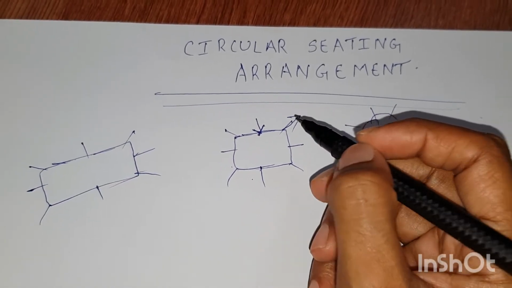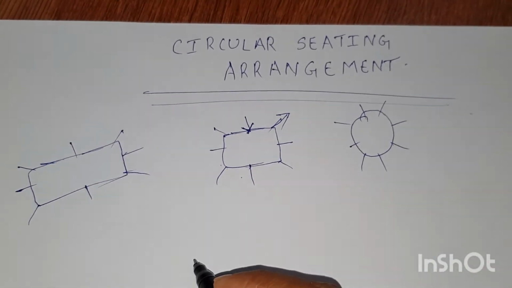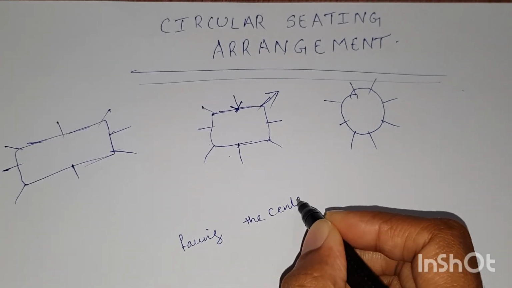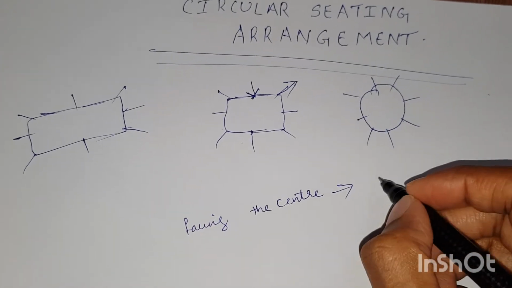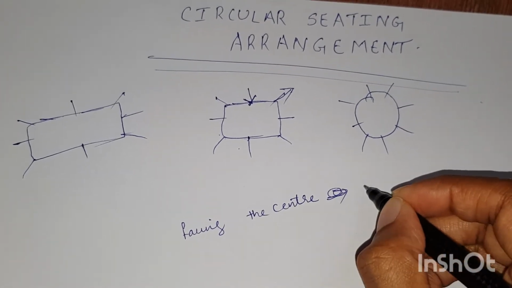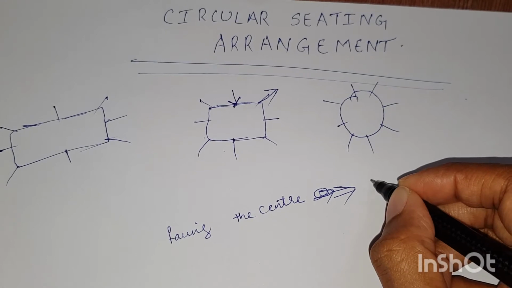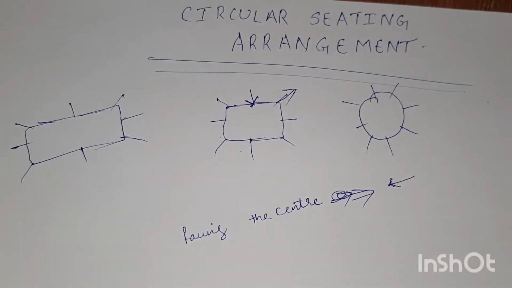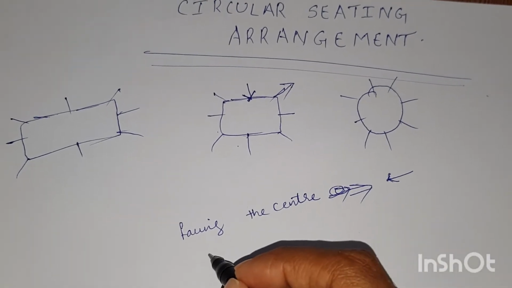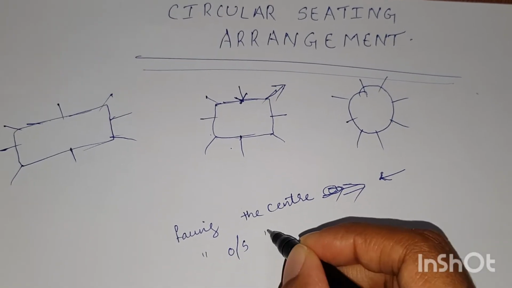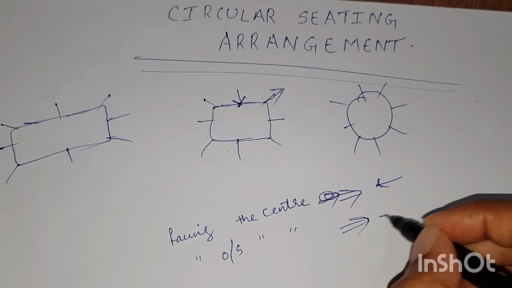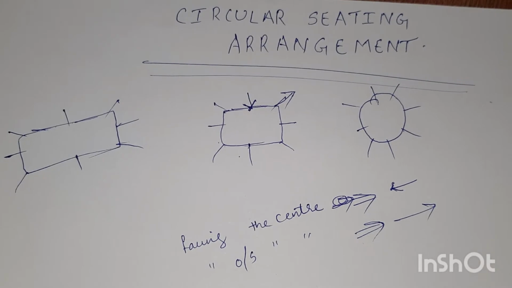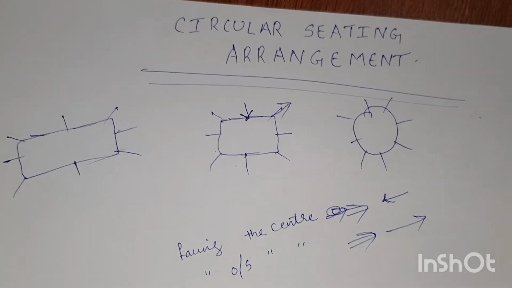So 2 cases: facing the center means the arrow points towards inside the circle, rectangle or square table. Facing outside the center means the arrow should point outside the circle, square or rectangle. Understood? This is the second point to remember.